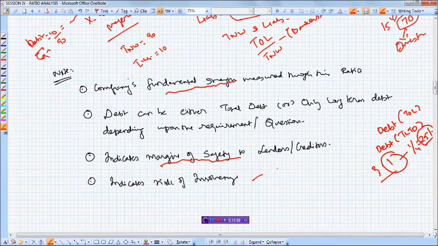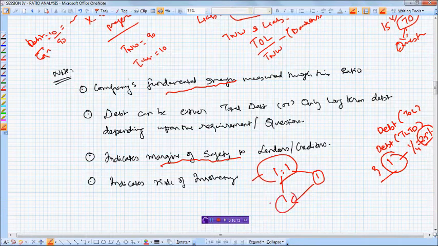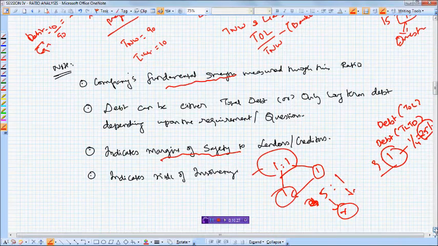So if the ratio is 1:1, the risk of insolvency is very rare, because if the company defaults in meeting an obligation of paying 1 rupee, then it will have shareholder funds of 1 rupee to meet the obligation. But if the ratio is somewhere around 3:1 or say 5:1, then for meeting 5, 1 will not be sufficient. Okay, so that is the understanding required from this ratio called debt equity.